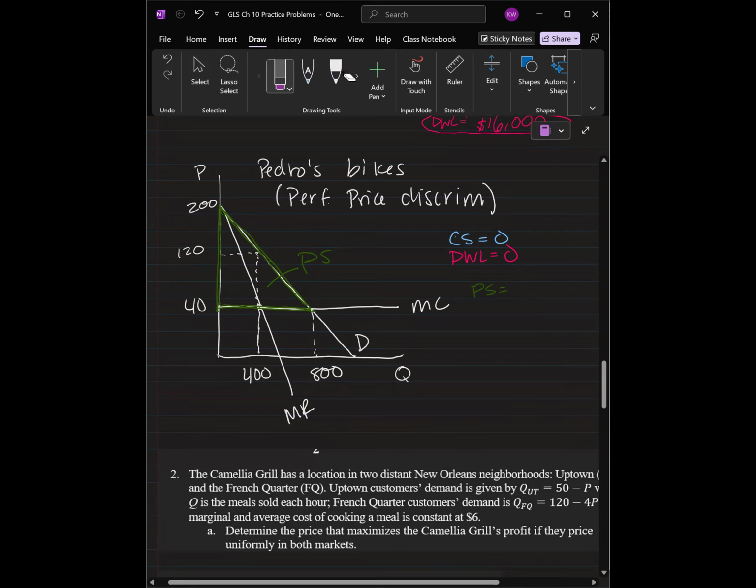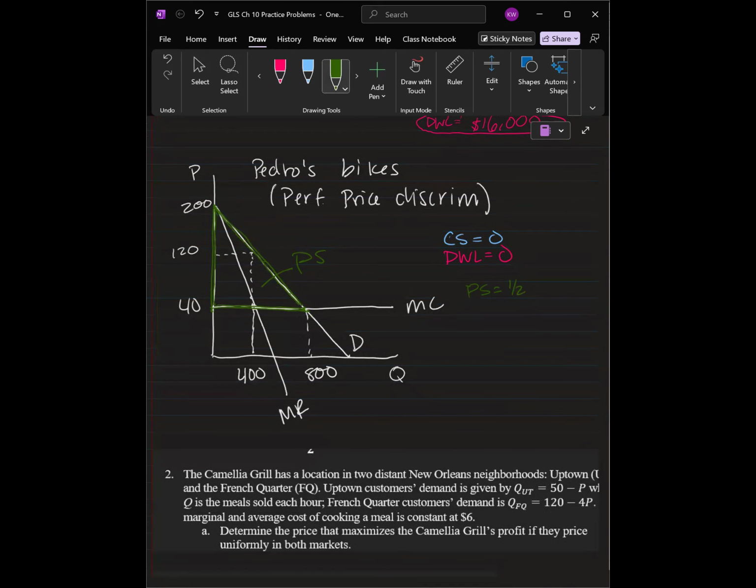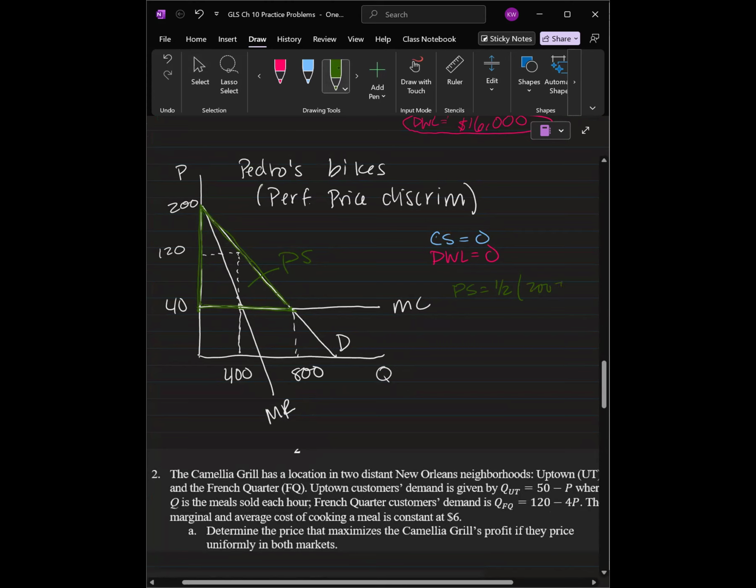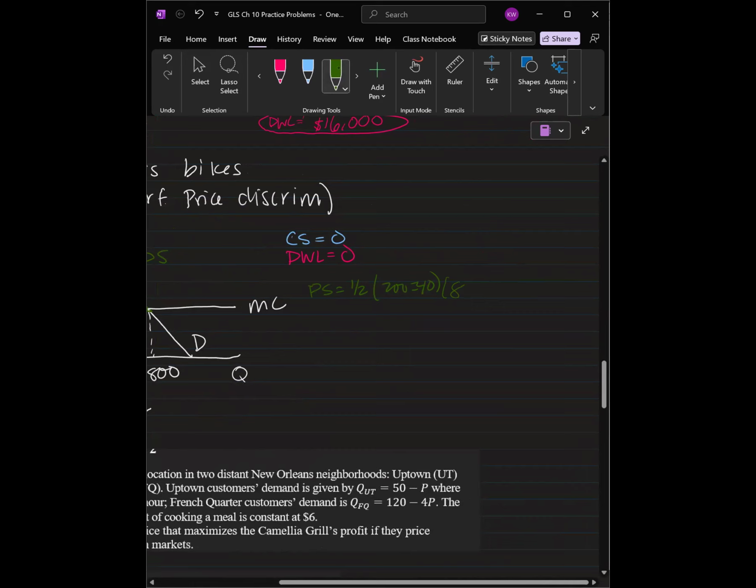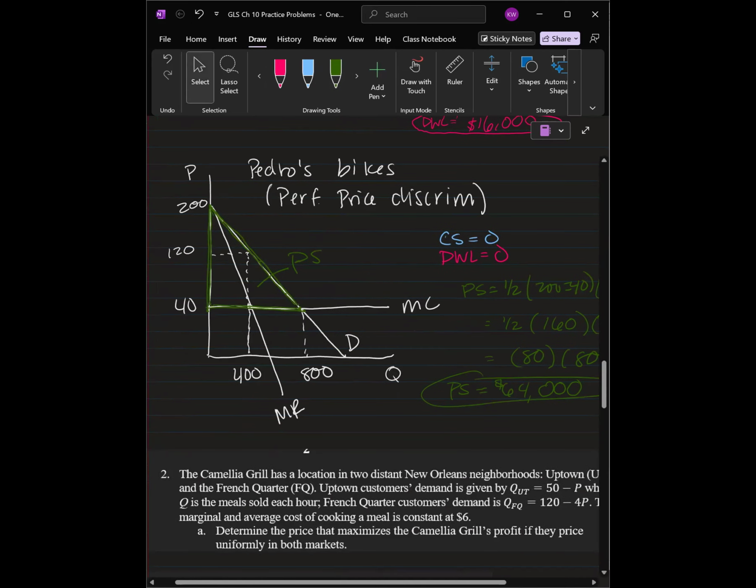And then his producer surplus is 1/2 times 200 minus 40, which is 160, multiplied by the quantity traded, which is 800 minus 0. So we get 80 times 800, which is going to give us $64,000 as producer surplus when Pedro is a perfectly price discriminating monopolist.